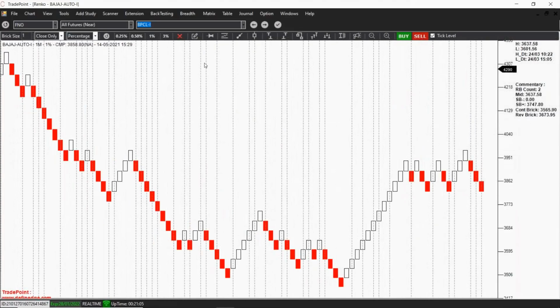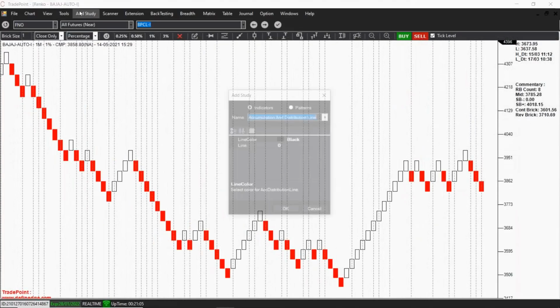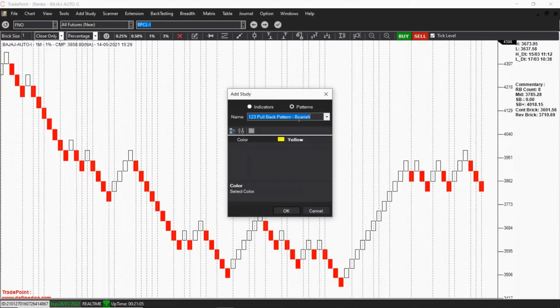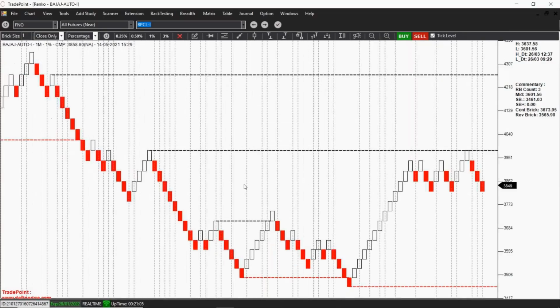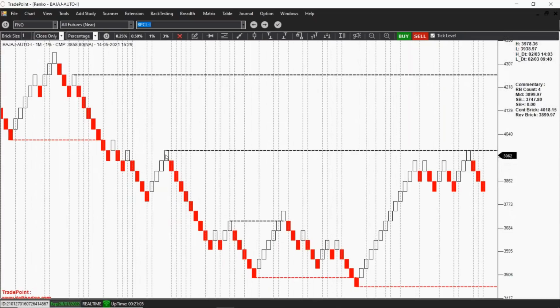Now on this chart, I am plotting one simple tool, anchor line. So anchor line plots a horizontal support or resistance lines, and here I am saying breaks 5. That means whenever there is a price reaction of more than 5 breaks, there will be a horizontal line from top or bottom from that pattern.